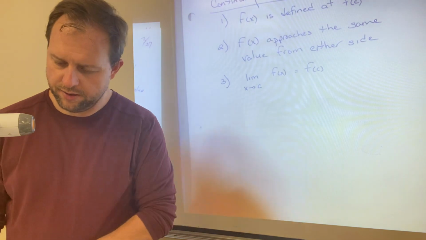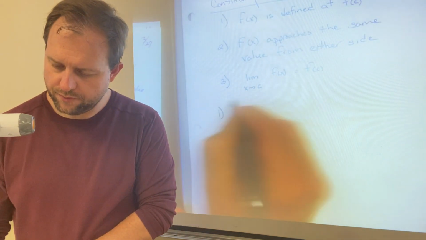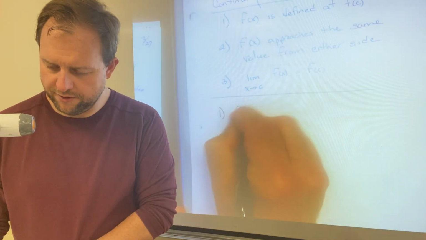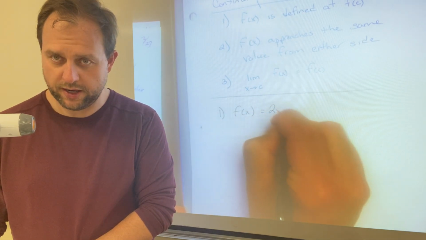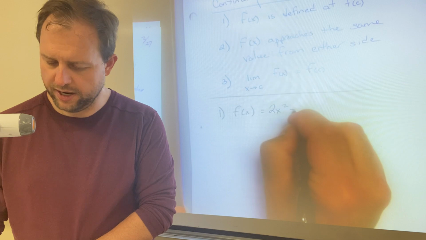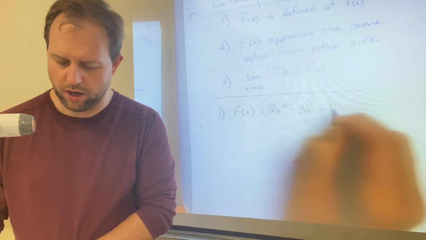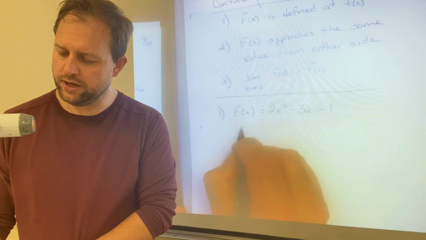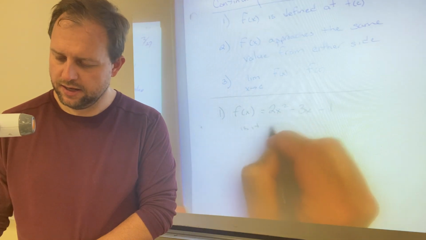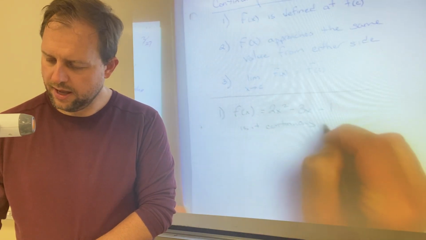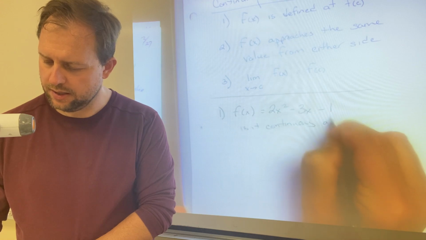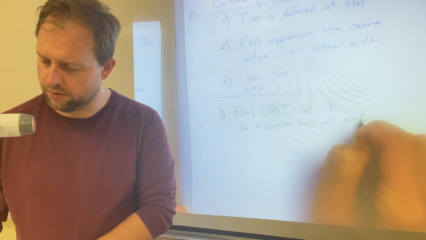Number 1, f of x is 2x squared minus 3x minus 1. Question: is it continuous at x equals 2?